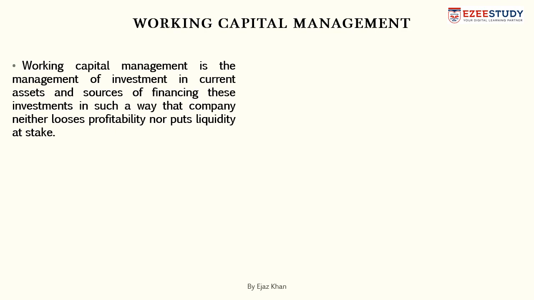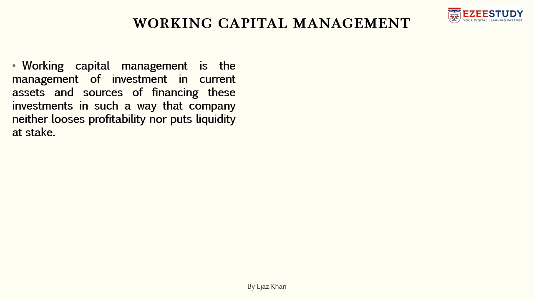On the other side, if it keeps less capital into its current assets and invests more into its non-current assets, then it will be making profits, but at the same time, it will be putting its liquidity position at stake, as when the liabilities fall due, it may not have sufficient current assets to pay off its debts.